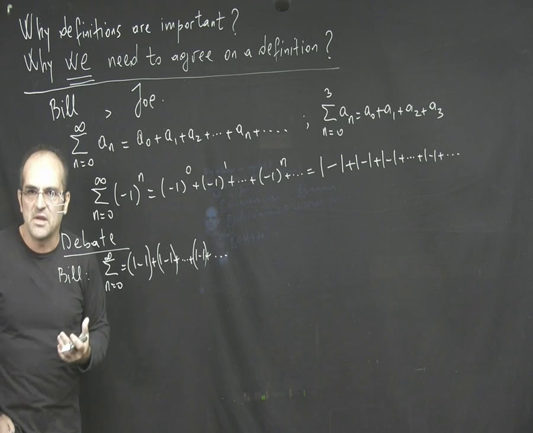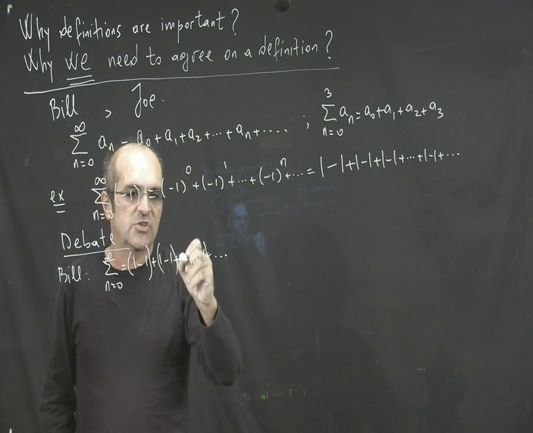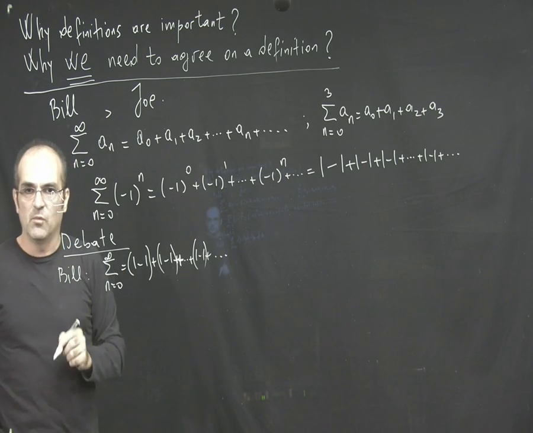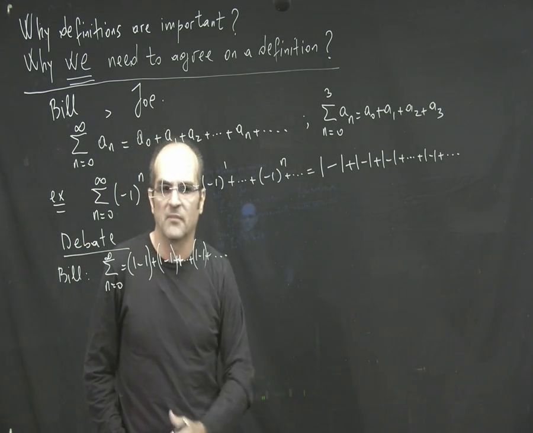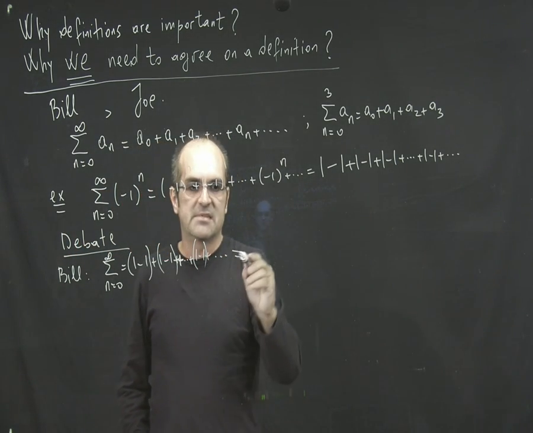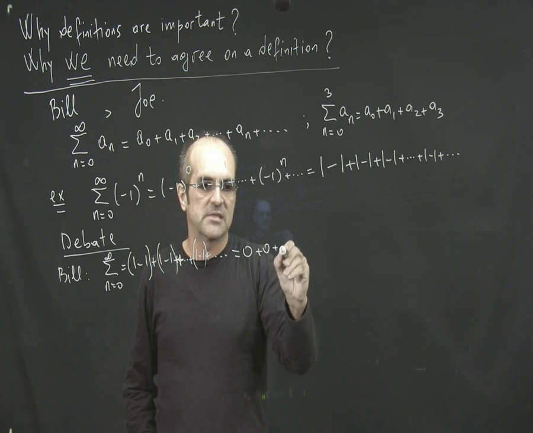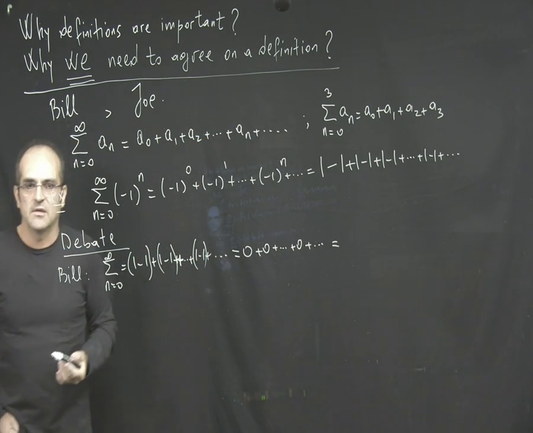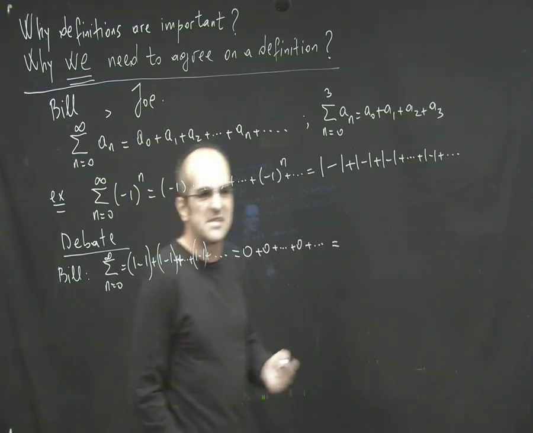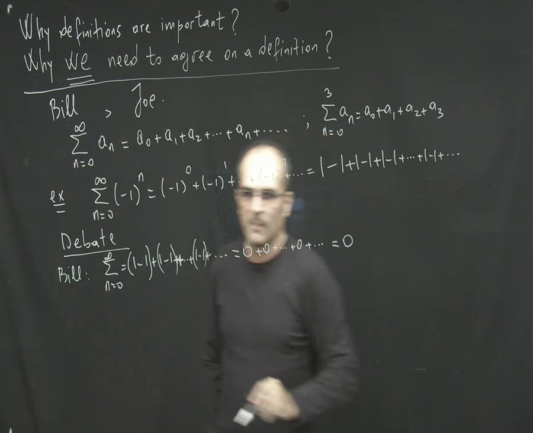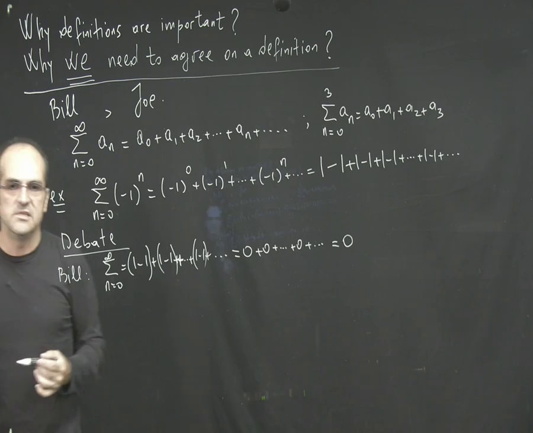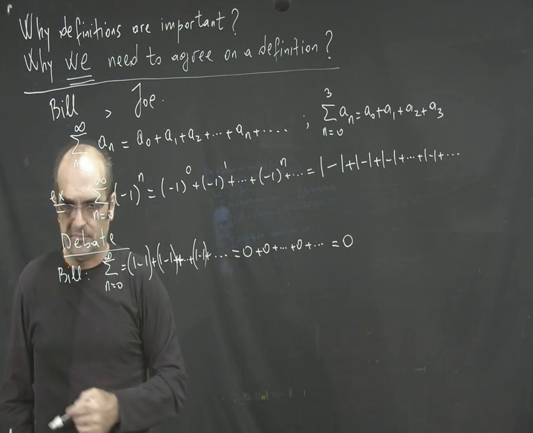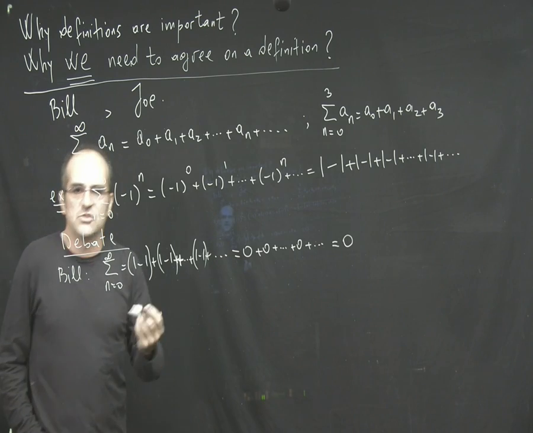If I have infinitely many terms in the summation, obviously I have infinitely many pairs that I can associate this way: 1 minus 1 plus 1 minus 1 and so on. Then of course I can compute the operation in each parenthesis, and any sane person would agree you add nothing infinitely many times, you end up with nothing. So 0 plus 0 plus 0 is equal to 0. So then Bill declares that the summation of the series is equal to 0. On the other hand, Joe disagrees.